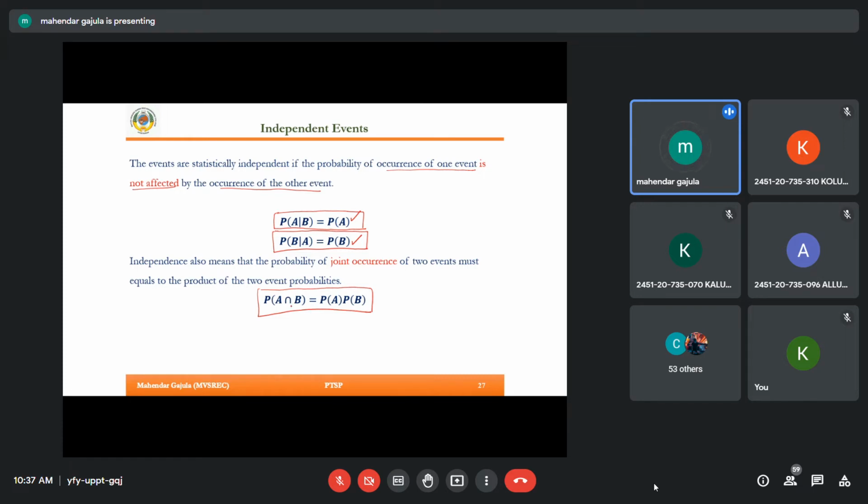Similarly, probability of A intersection B equals probability of A into probability of B. Joint occurrence of two events equals the product of the two event probabilities. So let us derive this one.